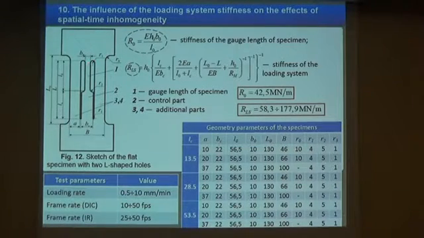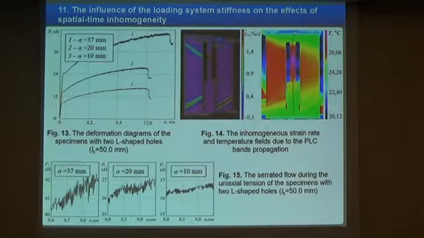So we have a gauge length of the specimen, the control part, and two additional parts. By use of them, we can manage the stiffness of the loading system. So in our test, we have this range of stiffness of the loading system, and we have several results.